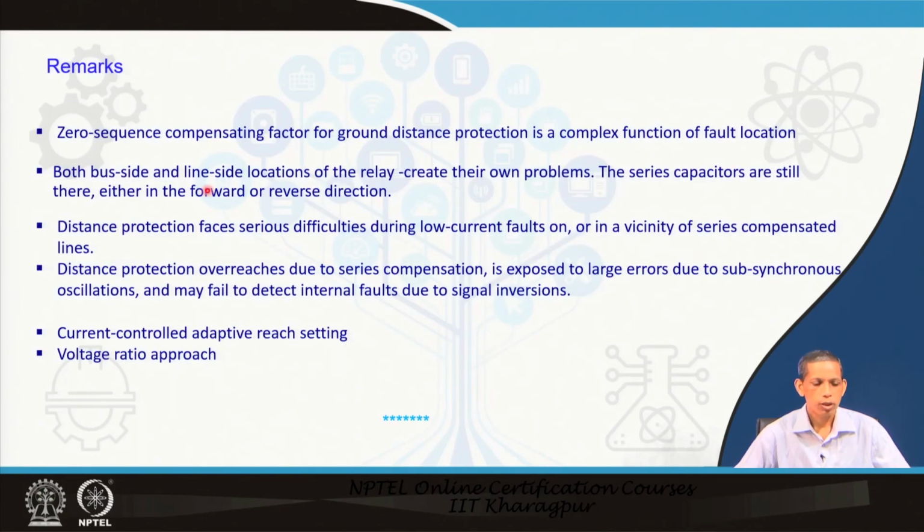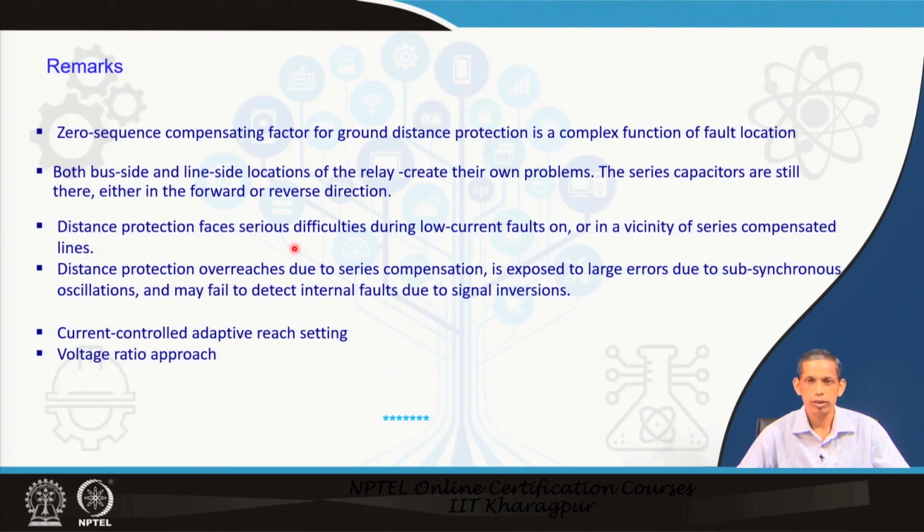So, overall we see that in the apparent impedance calculations, the zero sequence compensation factor plays a role, which is a function of x, the fault distance, and is difficult to calculate correctly. Both bus side and line side locations of the relay and the associated measurements have some advantages and also some demerits. Distance protection faces serious difficulty during low current situations, when the MOV may or may not operate.